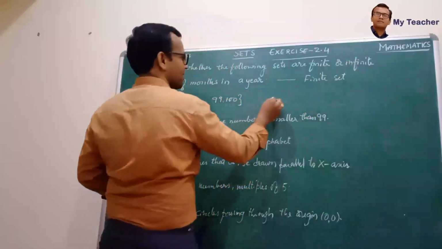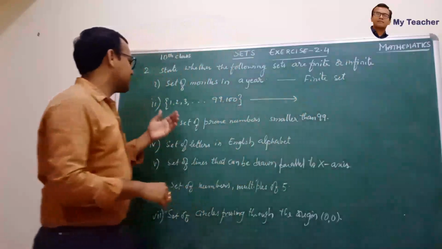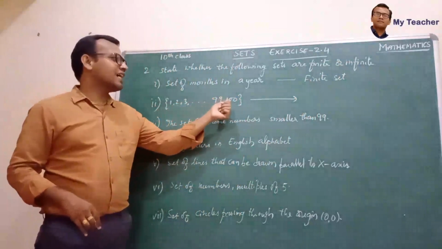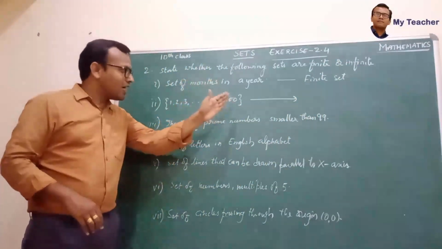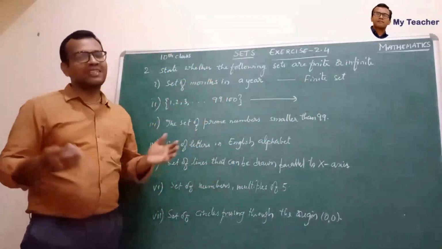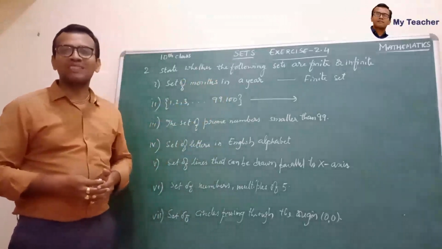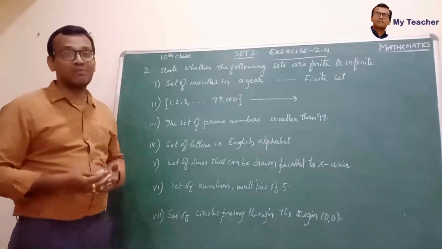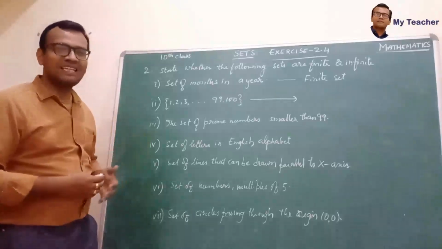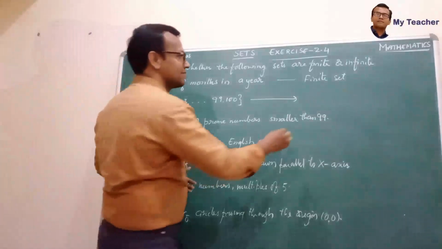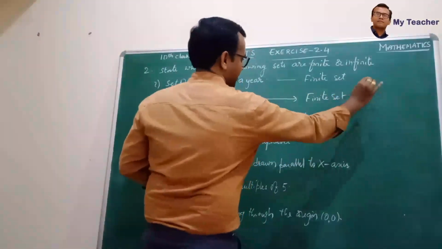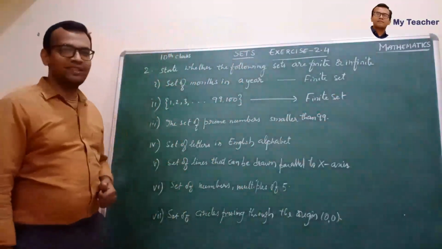Good. Now let's see this one. Set of 1, 2, 3, and so on up to 99, 100. So up to 100, these are natural numbers. So obviously the number of elements in this set is 100. So we are able to find the number of elements in it. So it is a finite set. Let's see the third one.